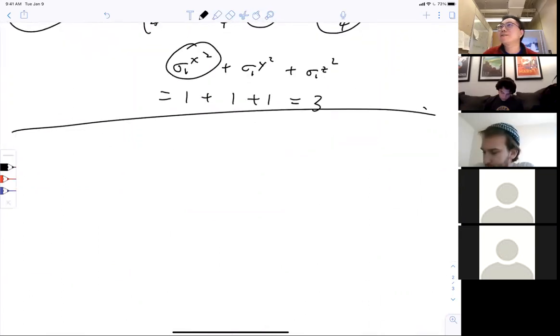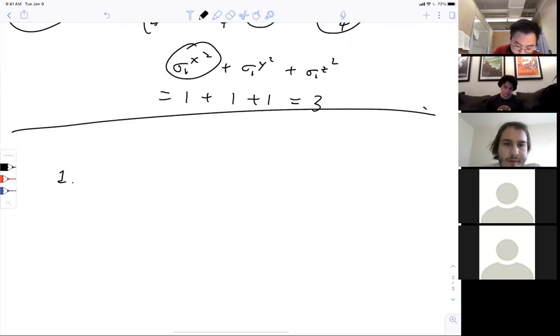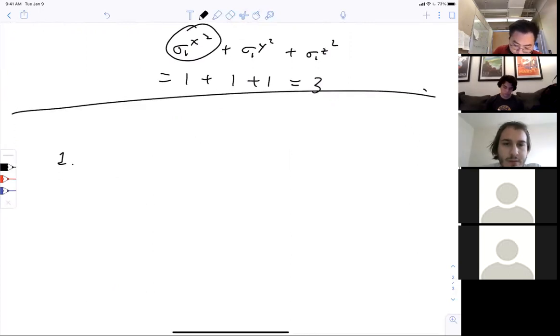Okay, so thanks for asking. Let's go to the accidental degeneracy in the hydrogen atom. The reason why we have this question is because usually if we have a rotationally invariant system, for example, my potential only depends on the magnitude of the vector R, then it's SO(3) invariant.